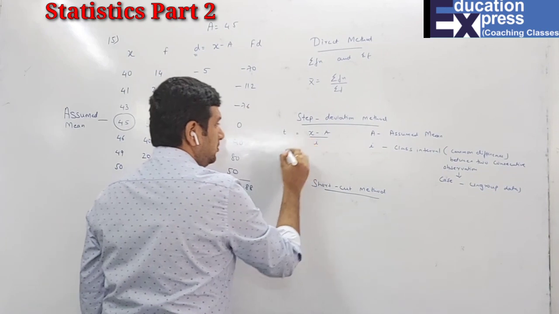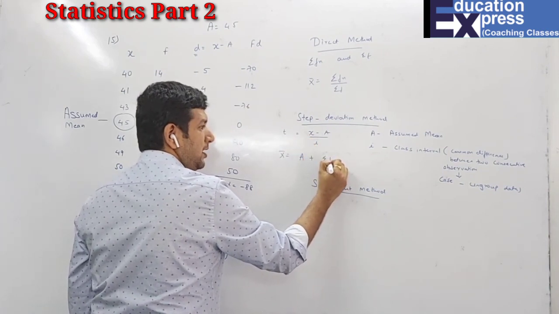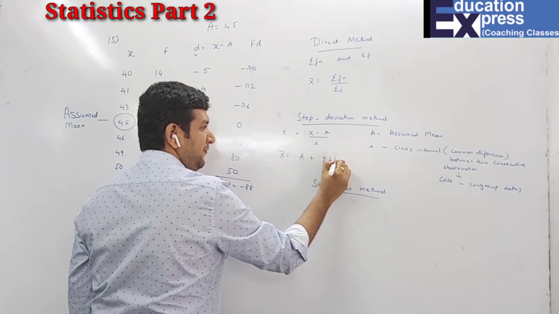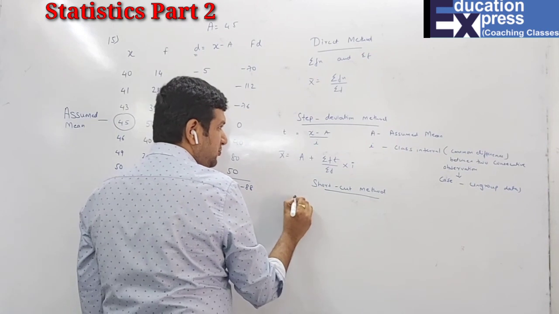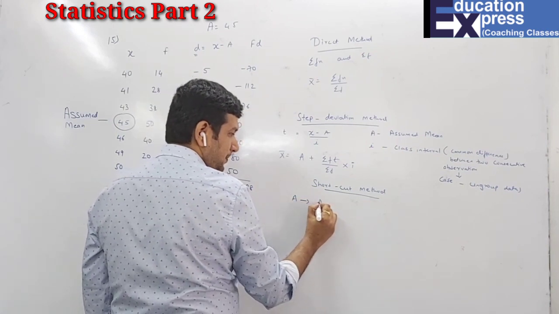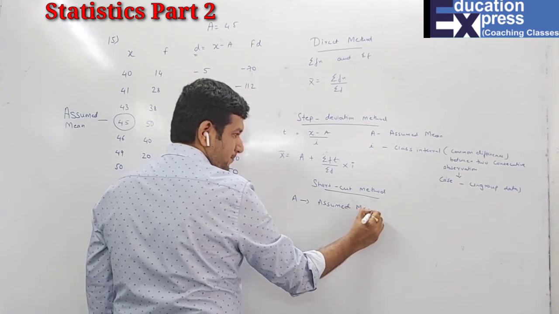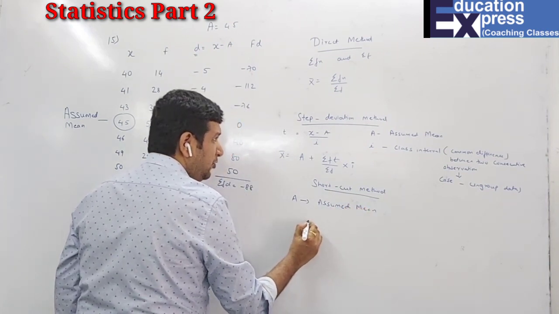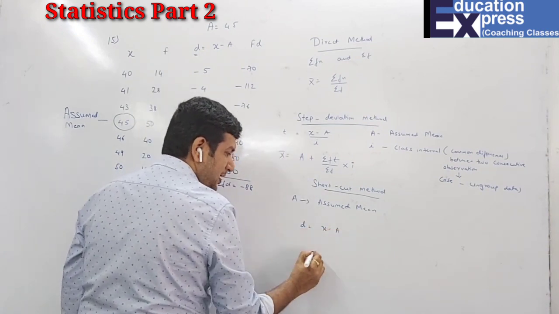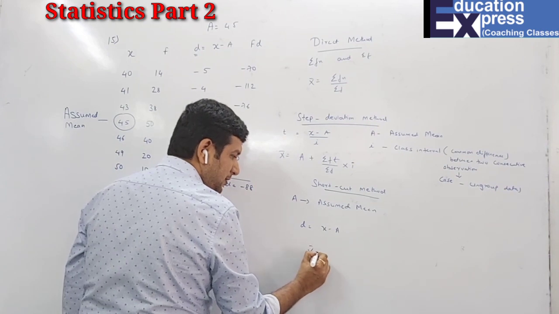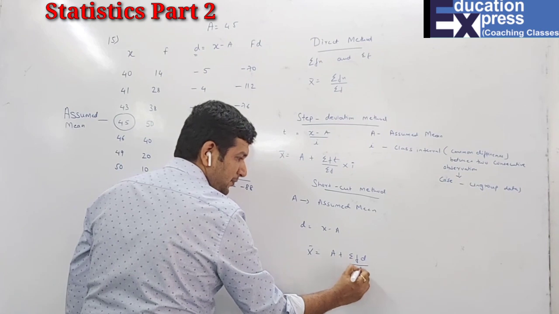And then your formula for the x bar is A plus sigma ft upon sigma f into I, and here also first we have to assume, and then we have to find, here we have found t, here we have to find d, which is x minus a, and then the formula for the x bar is assumed mean plus sigma fd upon sigma f.